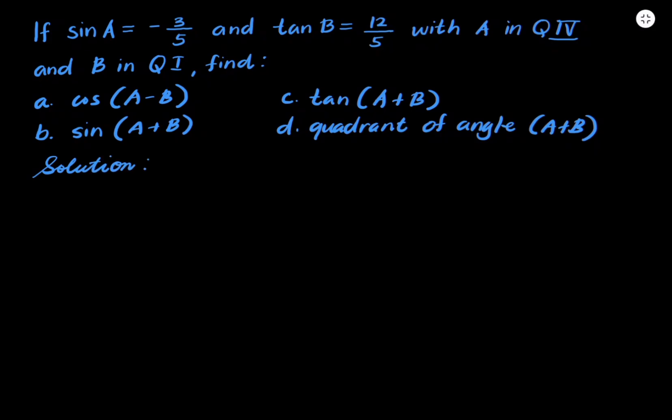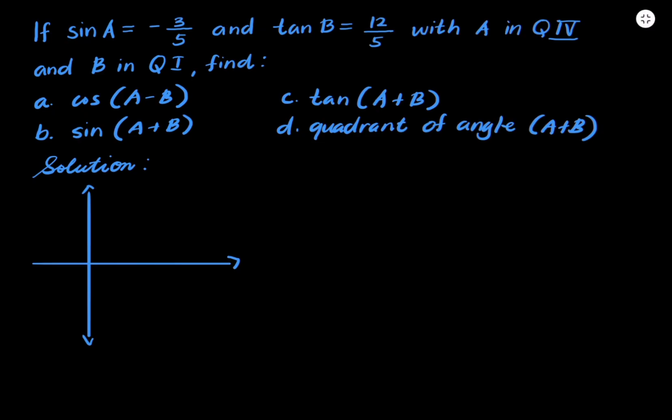So first, we need to draw the reference triangle of angle A and angle B. And then eventually, we need to solve for the remaining unknown side by using the Pythagorean theorem. So angle A is in quadrant 4, right?